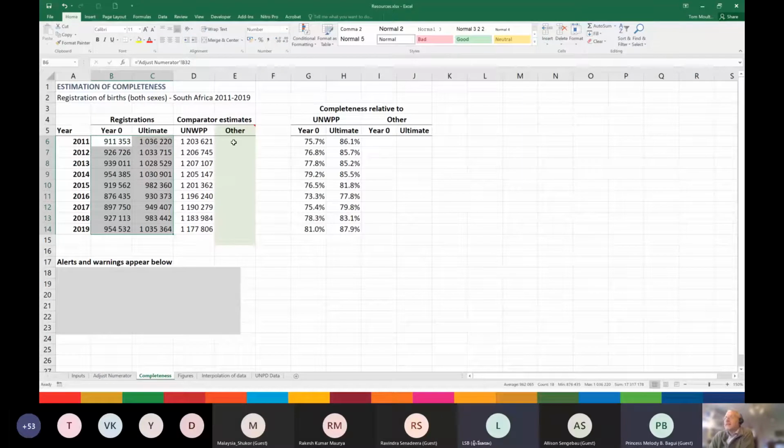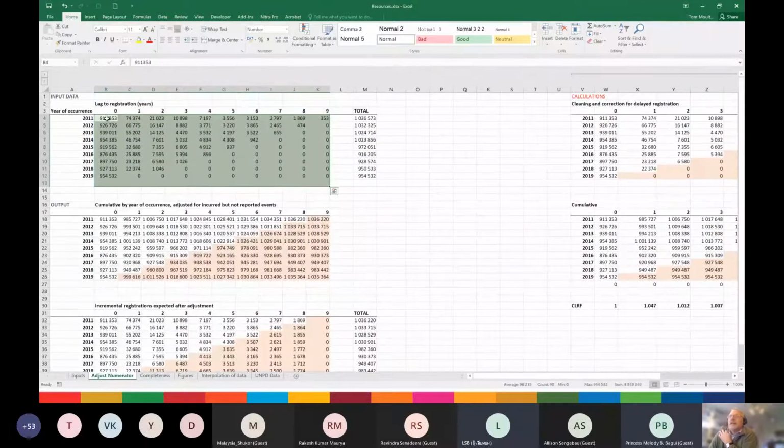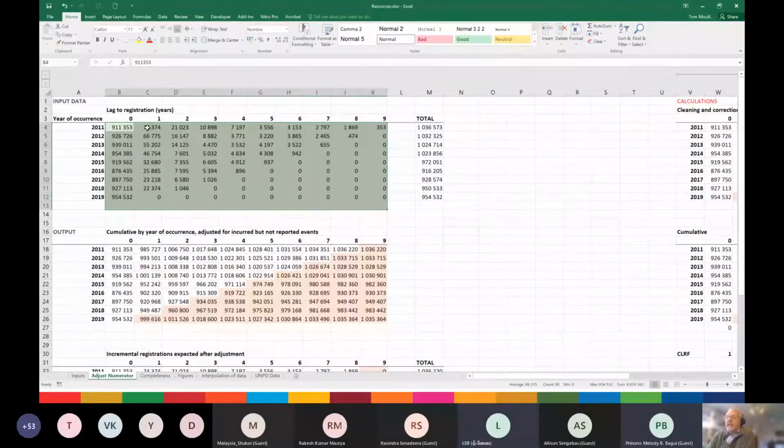You could place your own estimates in there if you had an alternative set of estimates, and the process is essentially the same. I do note, and I said it right at the start, that in general, in this matrix of your input data classified by year of occurrence and the lag to registration, we tend to find that very late registration of deaths is much less of a problem than the late registration of births.